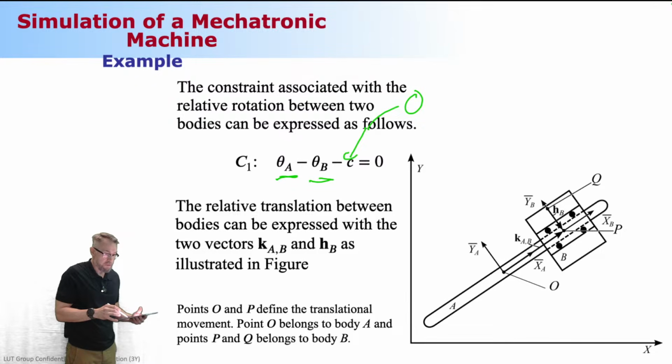First I make one vector that starts from the point O and ends at the point P, and that's the one that connects body A and B. And then I'm going to have the vector H that belongs to body B only. I'm going to set these two vectors to be at a 90 degree angle with respect to each other, and that's going to be my second constraint equation.